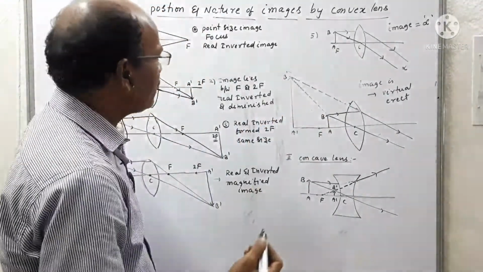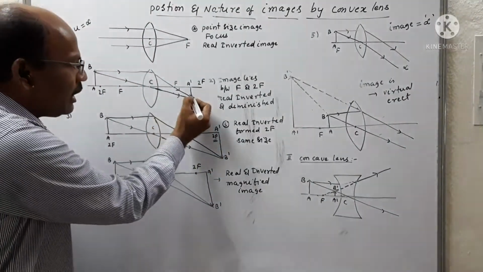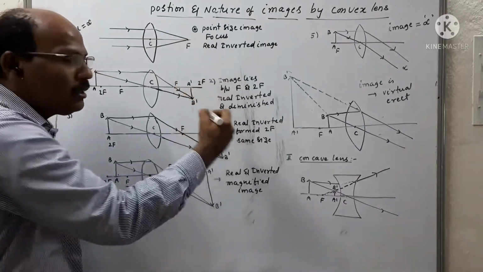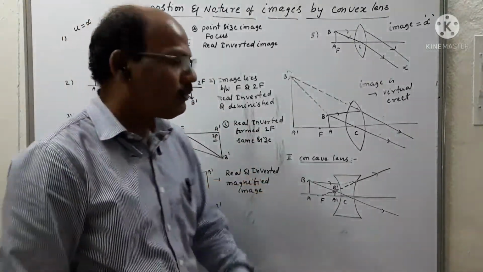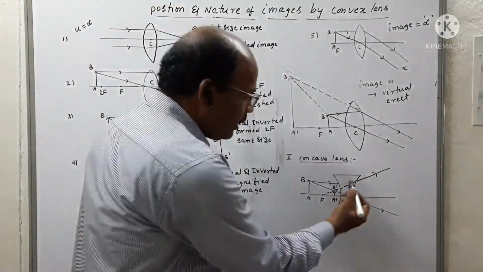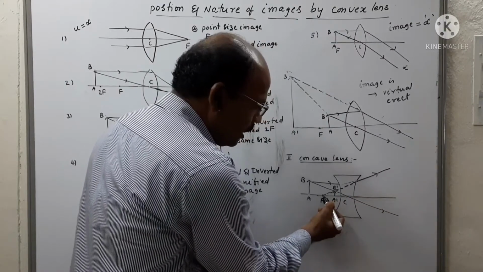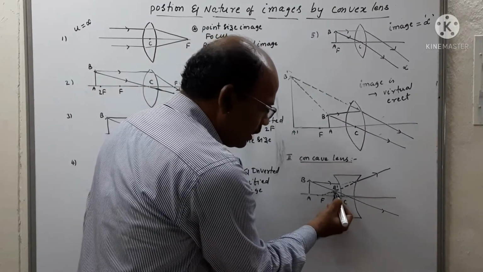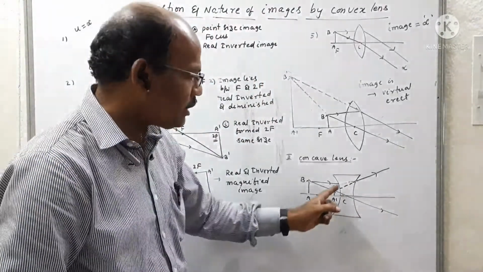So after refraction, in all the cases, the refracted rays are converging to one point on the principal axis. But in the case of concave lens, which is called diverging lens, we extend the refracted ray in the backward direction, and the two rays are intersecting at one point, which forms the image A dash B dash.